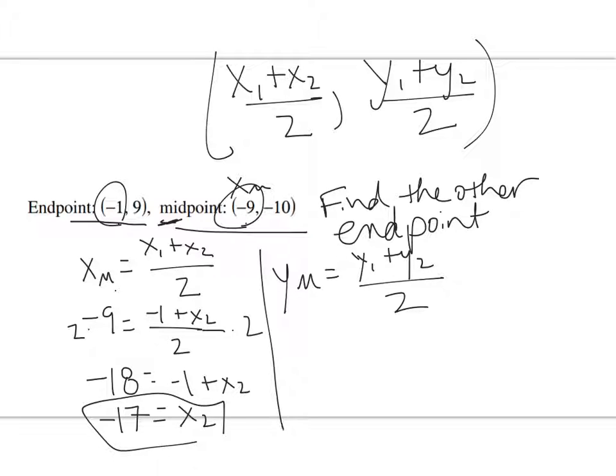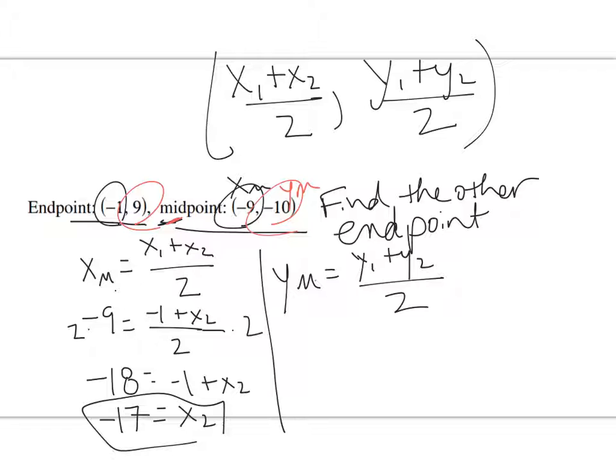And then we want to look at the y's. So we have a 9 and a -10. Again, because the -10 is from the midpoint, that means it's my ym. The little subscripts just name things and help you keep them straight when you have more than one variable.